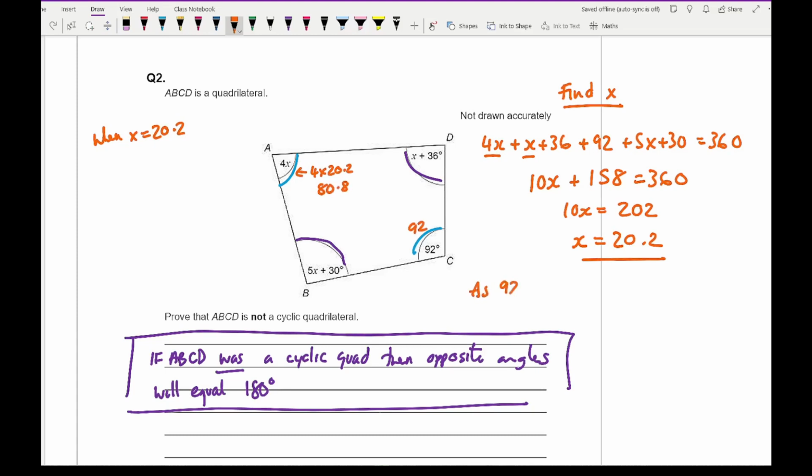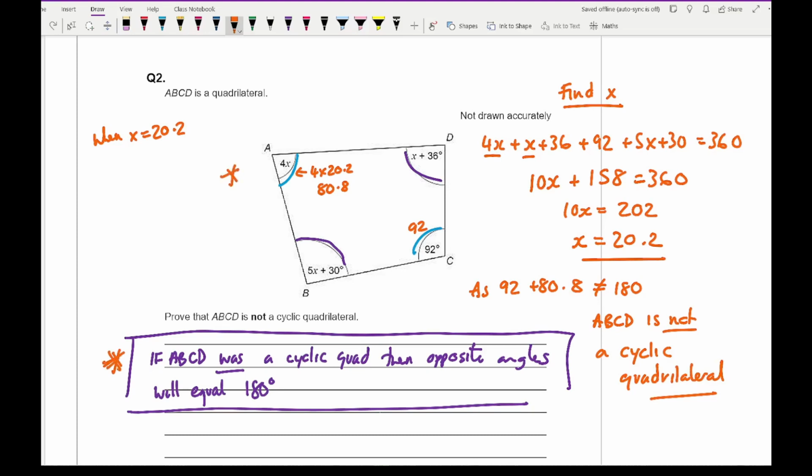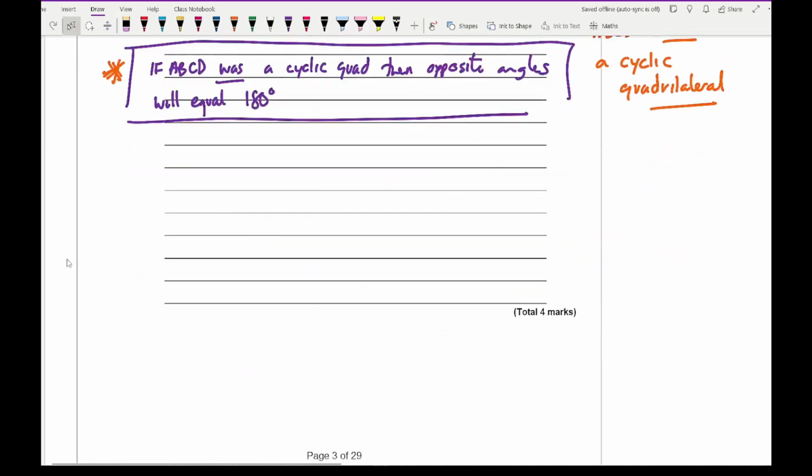As 92 plus 80.8 does not equal 180, ABCD is not a cyclic quadrilateral. Again, it's really important that you state this: you show the mathematical evidence in terms of the calculation, and then you write your closing statement by reiterating what it is you want to prove.